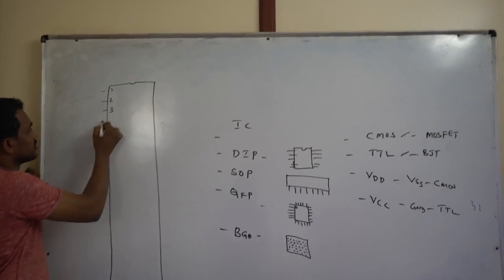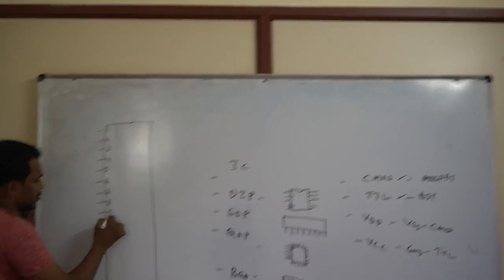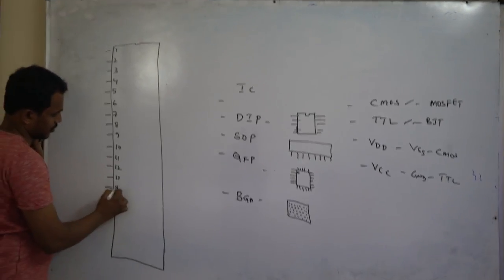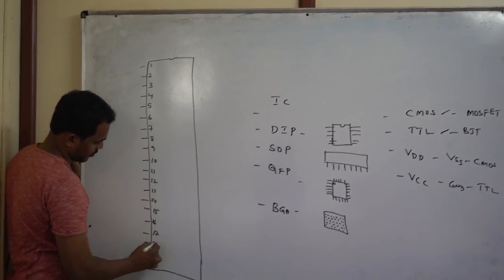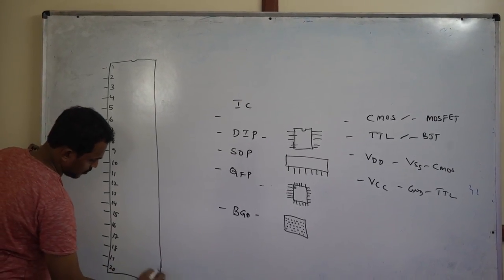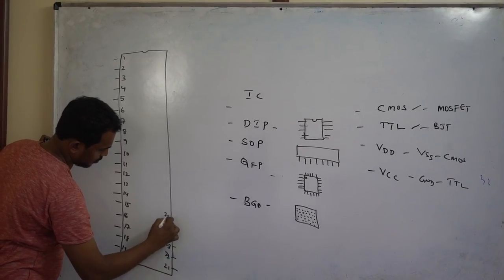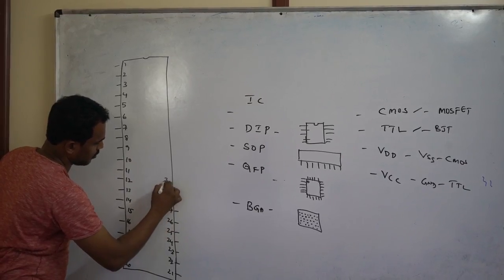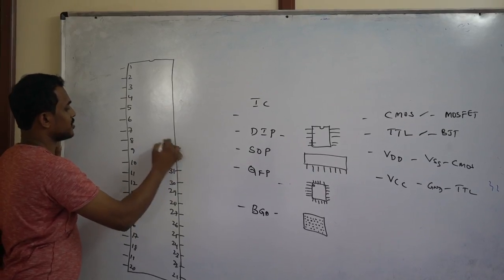DIP means one side has 20 pins and the other side has the other 20 pins. So these are the complete 40 pins for your device.